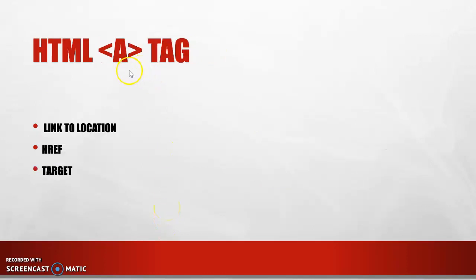Okay. A tag is the anchor tag, and basically it's a link to a location. The location can be within the same page, within the website, or external. Two common attributes inside of an anchor tag are href, which is the location of a reference, because when you have an anchor tag, you're saying you're going to click on it and go somewhere else.